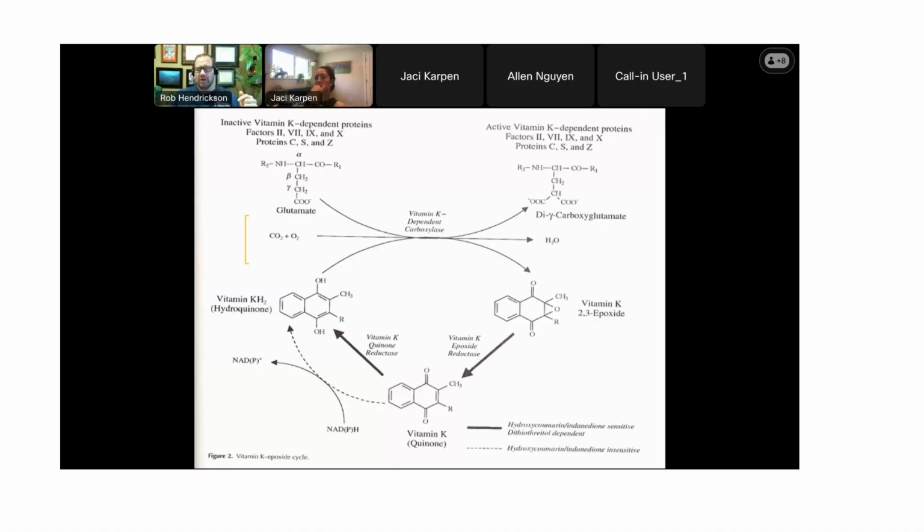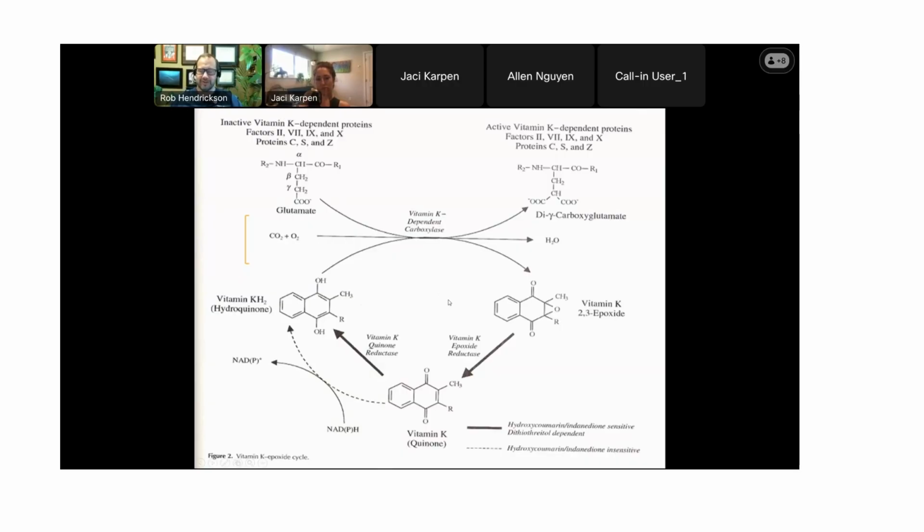Another one of these: remember that warfarin and all of the coumadins inhibit vitamin K epoxide reductase. But I think more importantly than that is that this is a big cycle, and vitamin K gets activated, and that activates all of these factors, and then it recycles and activates them over and over and over again.